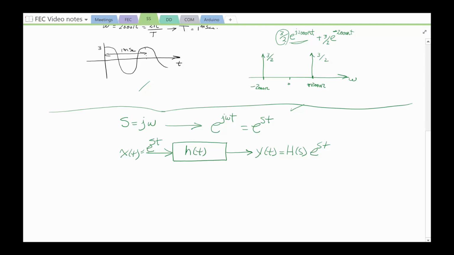So that allows us to solve a lot of problems without having to do what we had to do before this here. Remember, if you want to stay in time domain, let me use a different color so it's maybe easier to read.